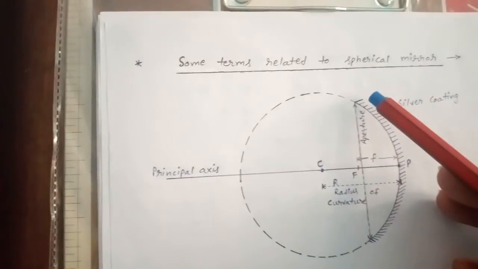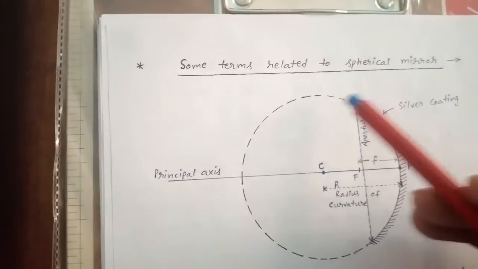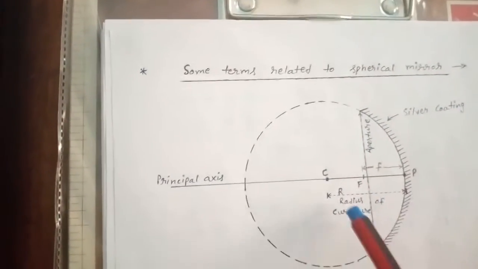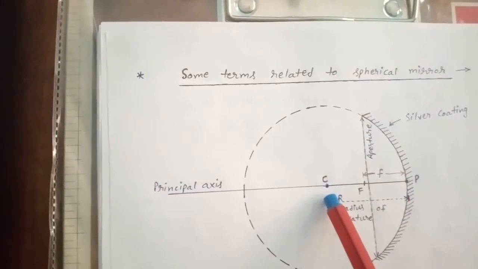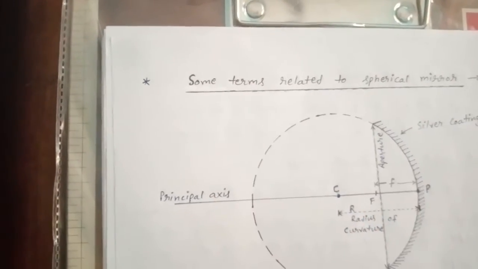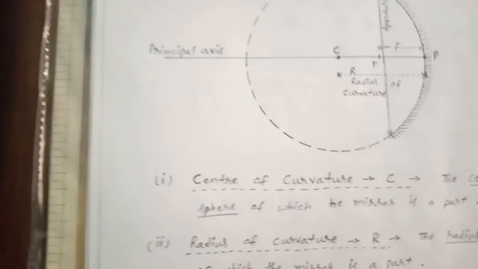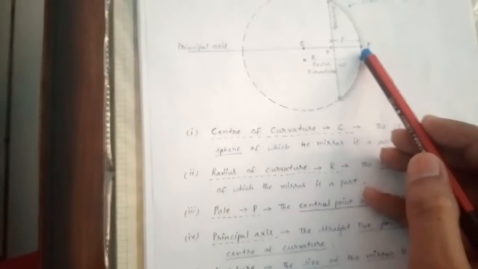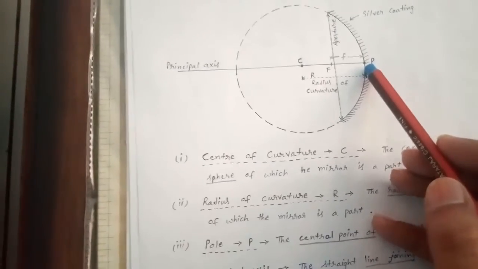So the center of this curve, or we can say of this sphere or circle, is known as the center of curvature. Next one is the radius of curvature. The radius of the sphere is known as the radius of curvature.